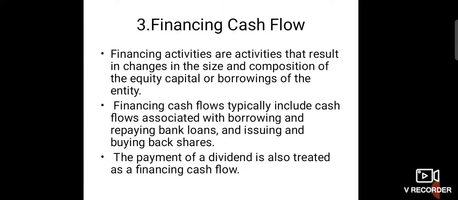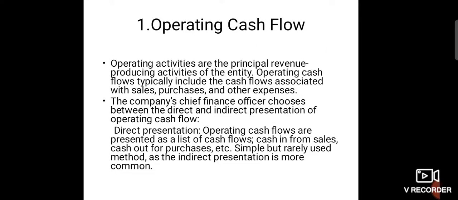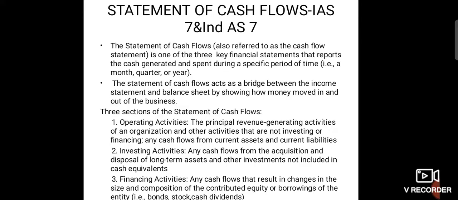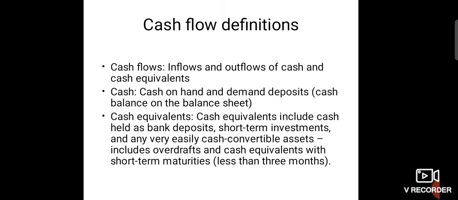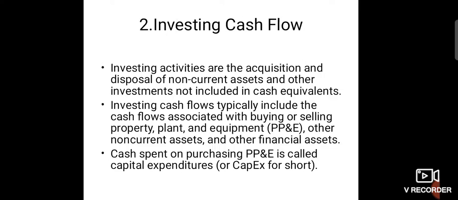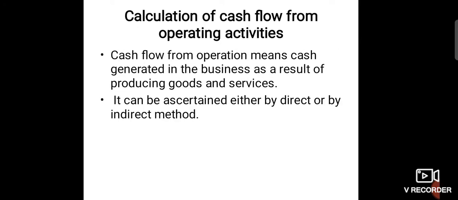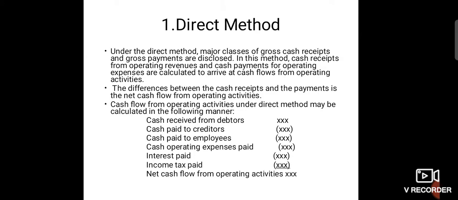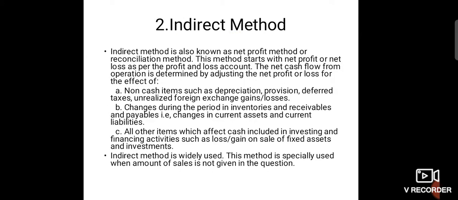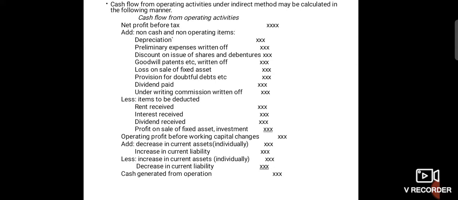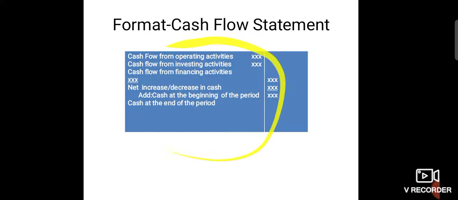In the cash flow statement, we record the inflow and outflow of cash, and it is divided mainly into operating activities, financing activities, and investing activities. Operating cash flow we record mainly in two ways: one is the direct method and the other is the indirect method, and the indirect method is widely used.